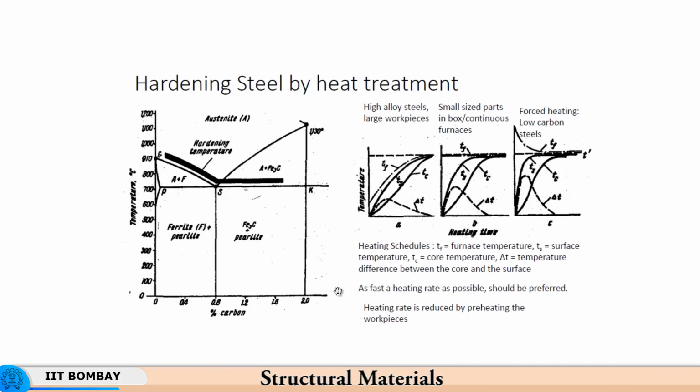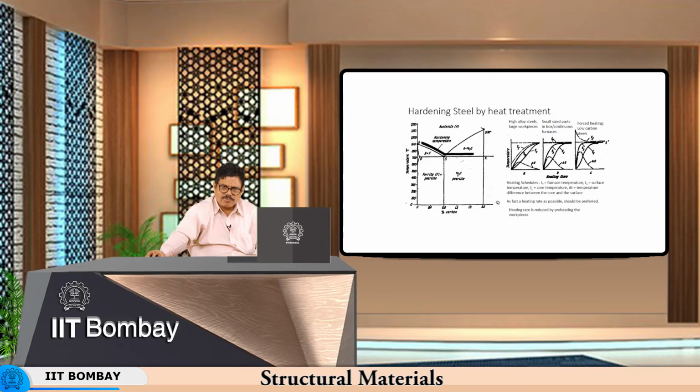The temperature of the furnace can then be brought down to the desired temperature level over a period of time as the parts get heated, and so the heating cycle is much quicker, because the temperature differential between the core and the surface lasts for the shortest period of time among all three cases.